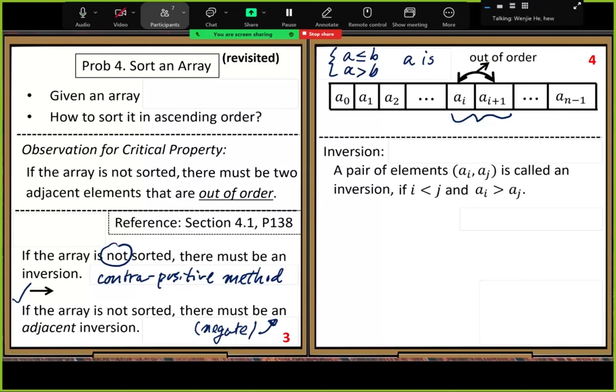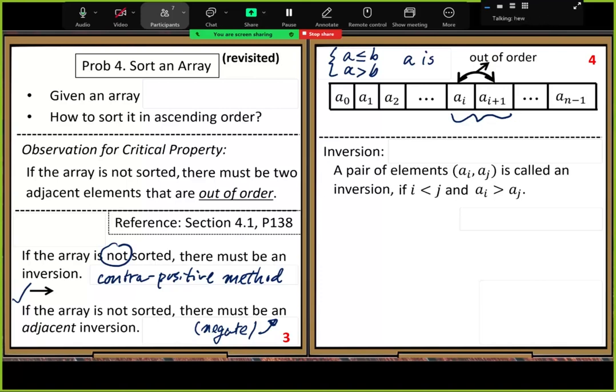Think about it. Given an array, if there is no adjacent inversion, what can you say about this array? You cannot find any adjacent inversion. What can you say about it? It's sorted. It's in order, because when you look at every two adjacent elements, the second one is always greater than the first one.